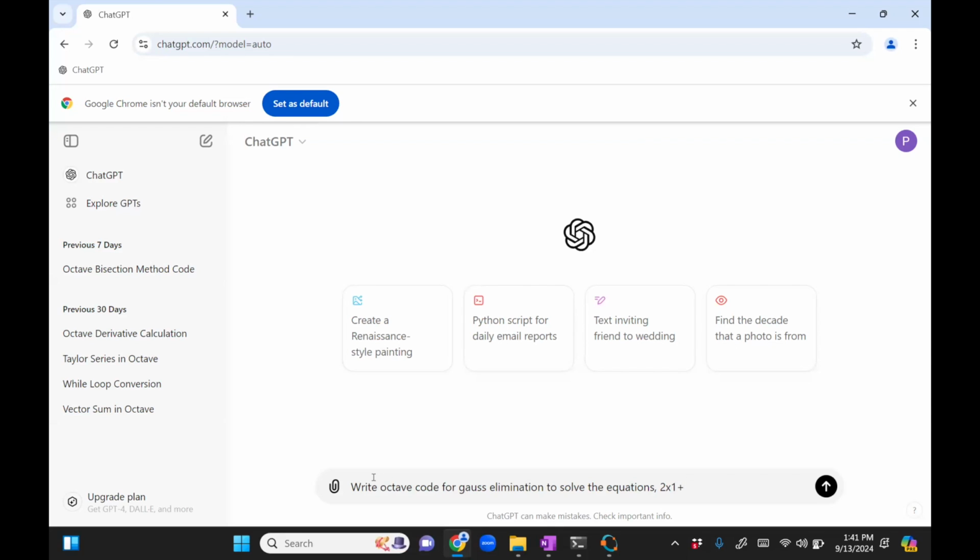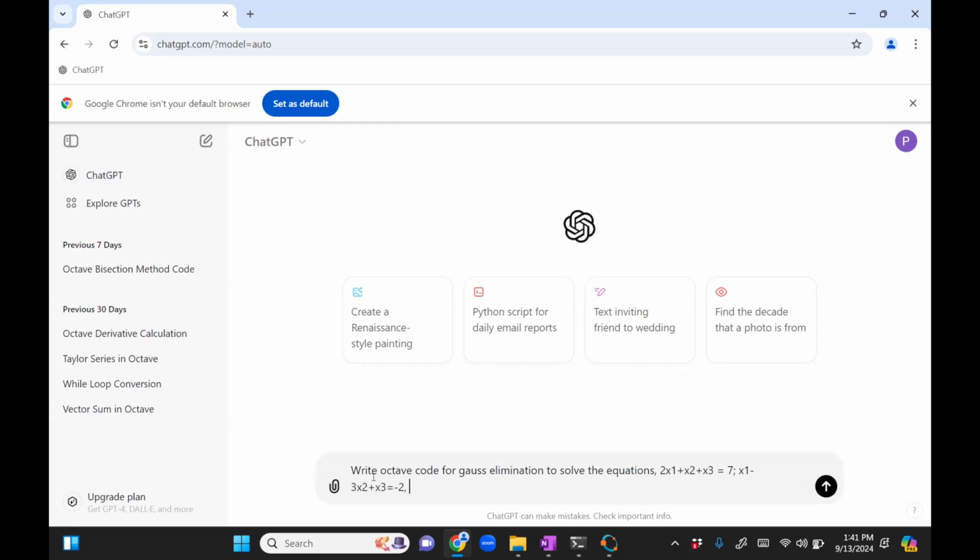So 2x1 plus x2 plus x3 equals 7. And then x1 minus 3x2 plus x3 equals minus 2. And then 2x1 plus 2x2 minus x3 equals 3.